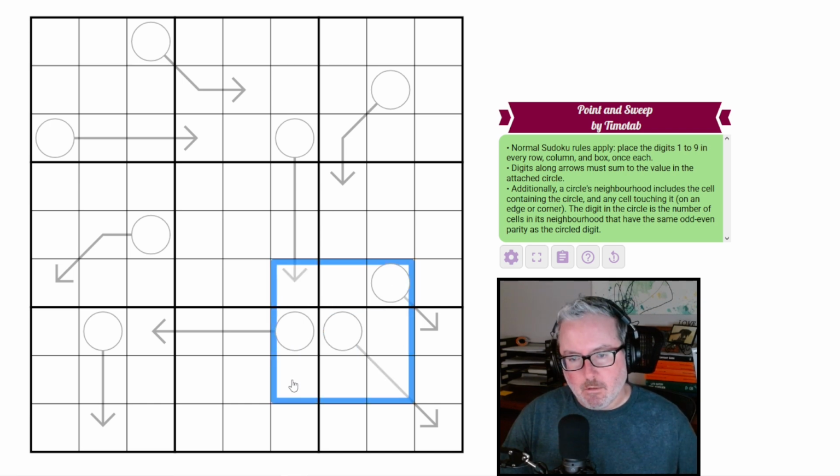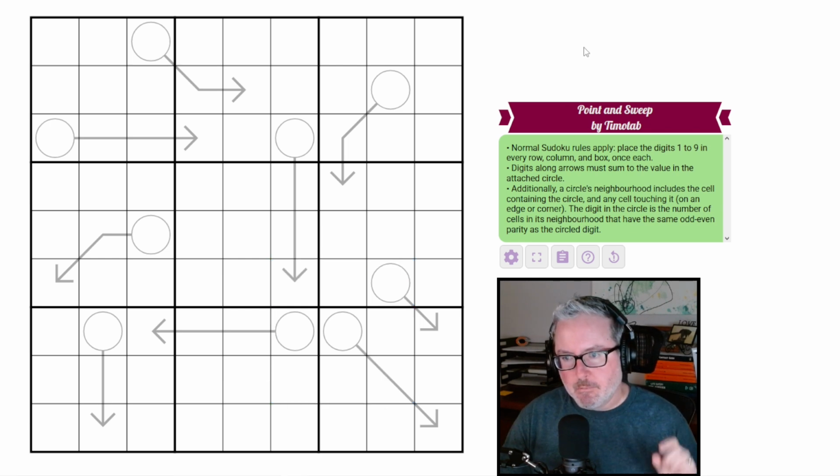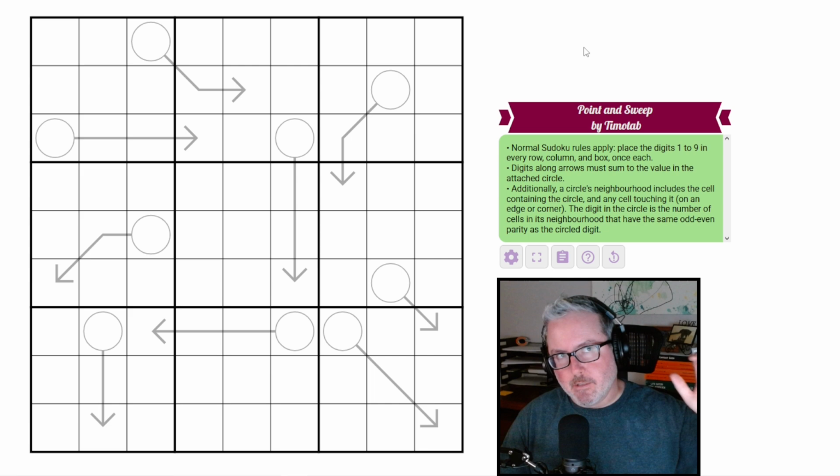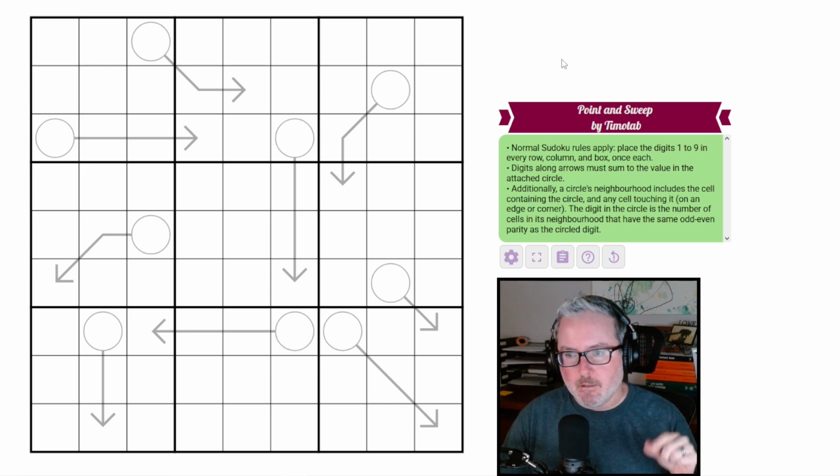Therefore, 4 of the digits in its neighborhood, does it say including itself? No, not including itself. There will be 4 other digits in its neighborhood that are also even. It doesn't specifically say not including itself, but you can infer that by the instructions.